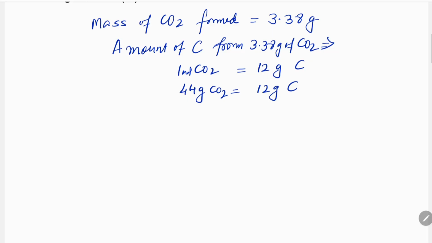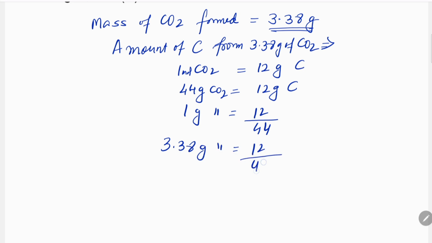So if 1 gram of carbon dioxide is given, it becomes 12 divided by 44 grams carbon, and the amount is 3.38 gram. That will be 12 divided by 44 multiplied by 3.38. In grams it comes out to be 0.9218 gram.